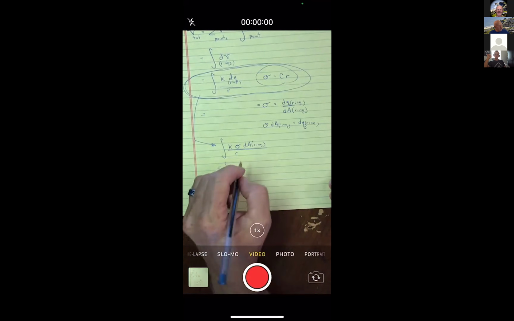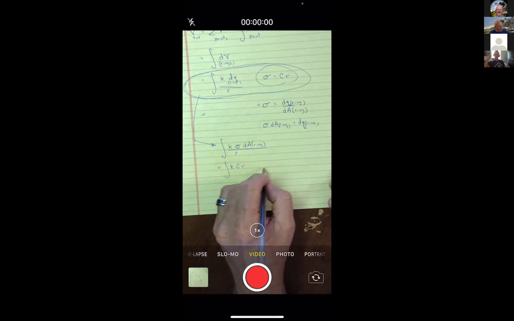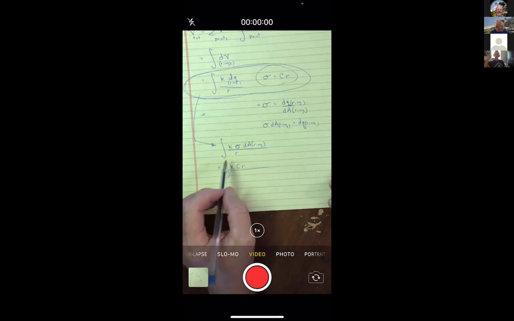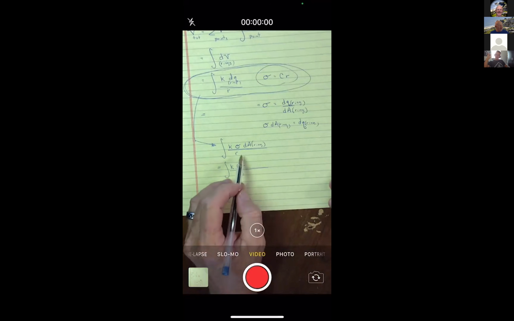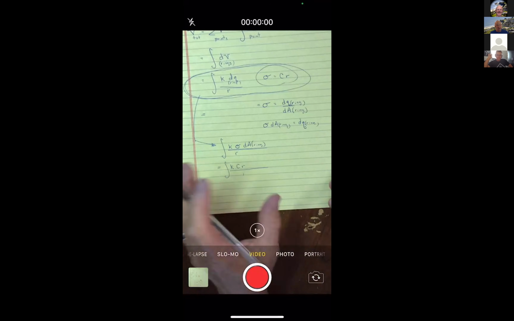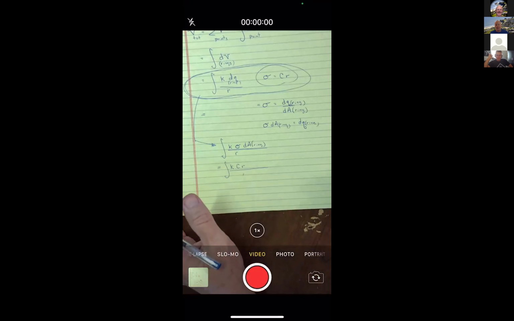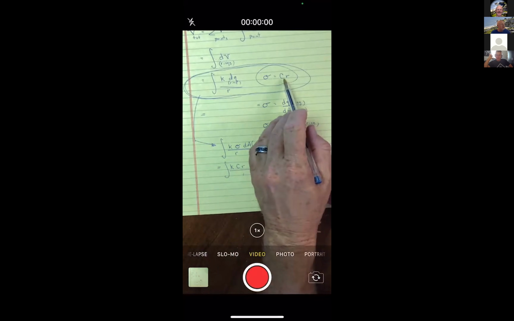Well, the book says C over R. Well, don't we have an R downstairs? Yeah, but it's a different R. And if you don't see that, it is going to lead to a disaster. You'd cancel them off. They are not the same R's.